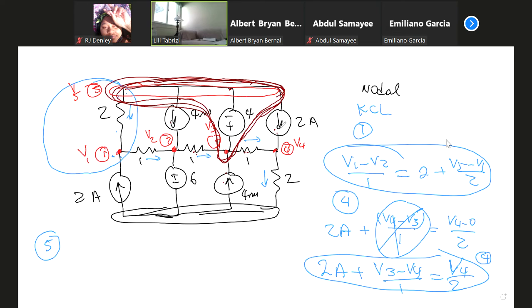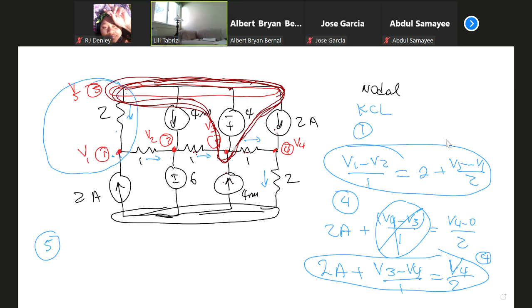Out of these 6 lines, how many currents entering, how many leaving? For this big node, somebody said 6 lines. How many currents entering this big node? How many leaving? 3 leaving and 1 entering.